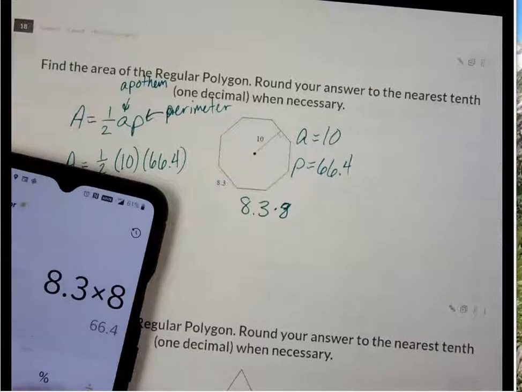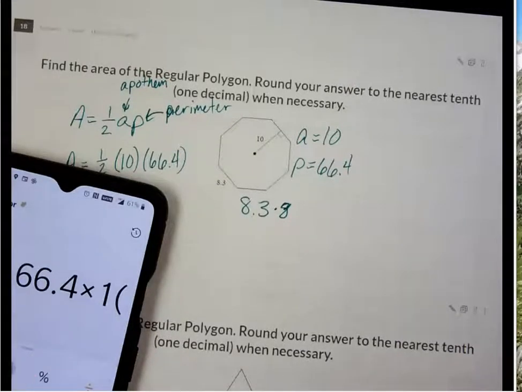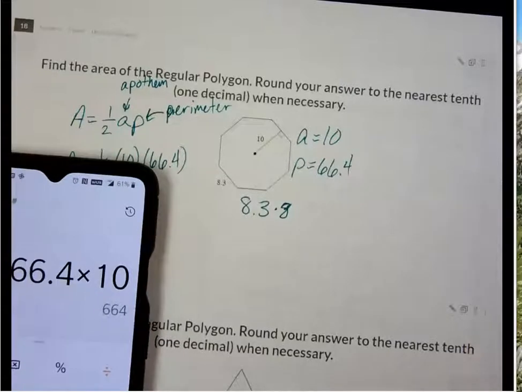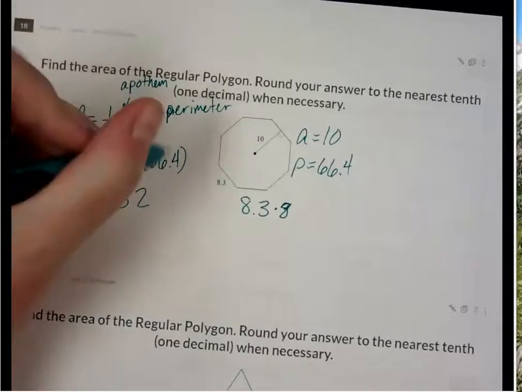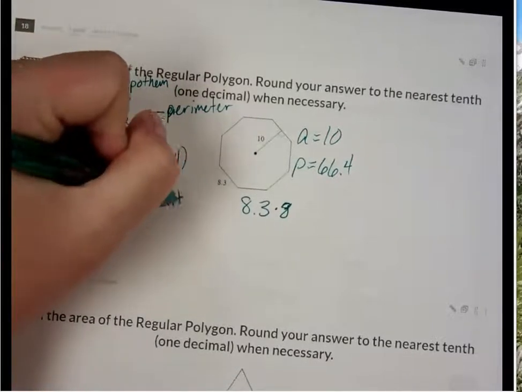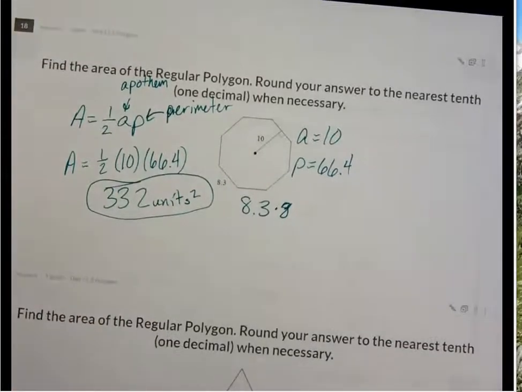So that 66.4 gets multiplied by 10, which then gets multiplied by 1/2, or divide by 2. So you end up with 332 units squared. But you just have to type 332 in.